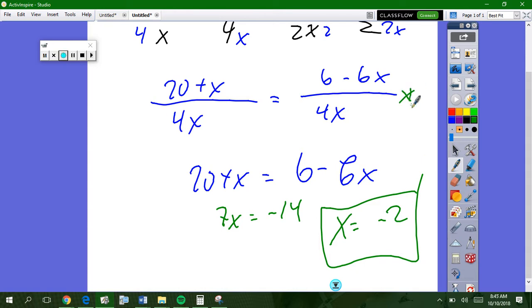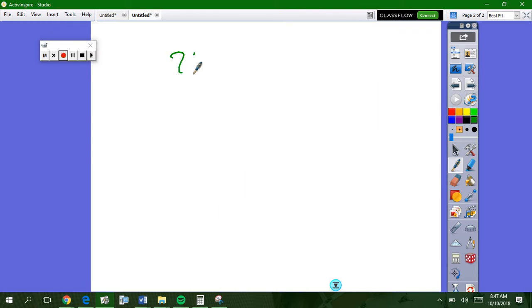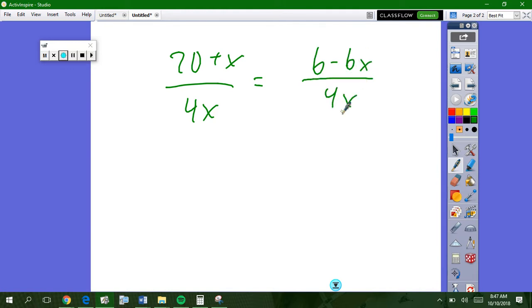So if I was at that spot, I was at 20 plus x over 4x, and then 6 minus 6x. I'm going to get everything on one side.